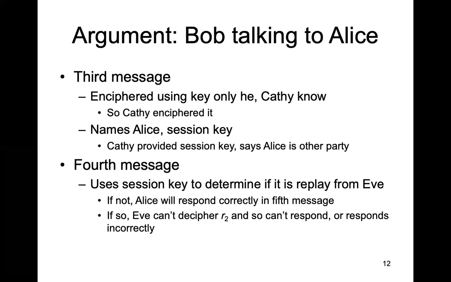If it is not Alice, then they will not be able to respond correctly, and if it is a replay, Eve cannot decrypt and obtain R2 and respond correctly. And if it is not a replay, of course, Alice will be able to apply the well-known function, in this case decrement, and send back the message correctly to Bob. So that's the security argument from Bob's perspective.